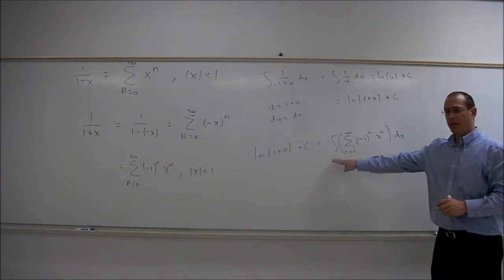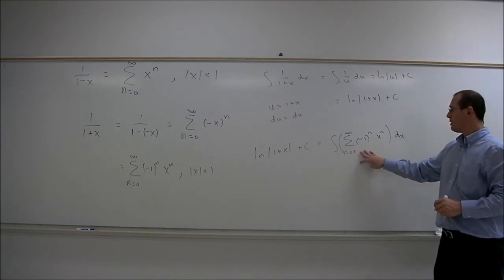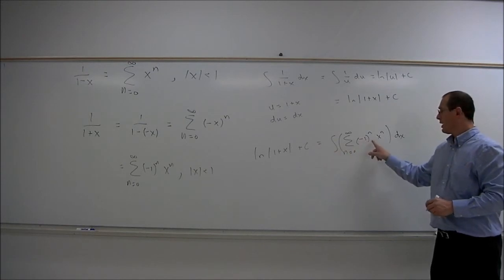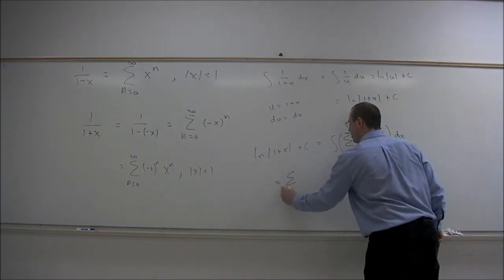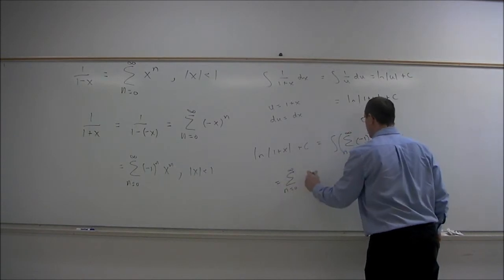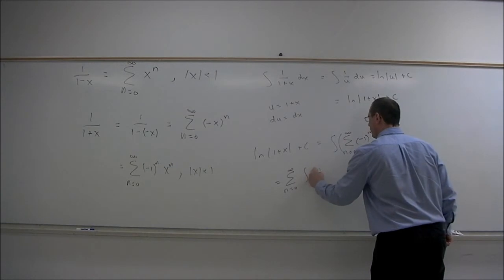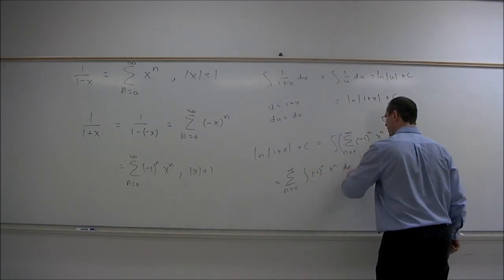So the way we integrate a power series is term by term. We can bring the integral sign inside of the summation. So this integral is equal to the summation n equals 0 to infinity of the integral of negative 1 to the n times x to the n dx.